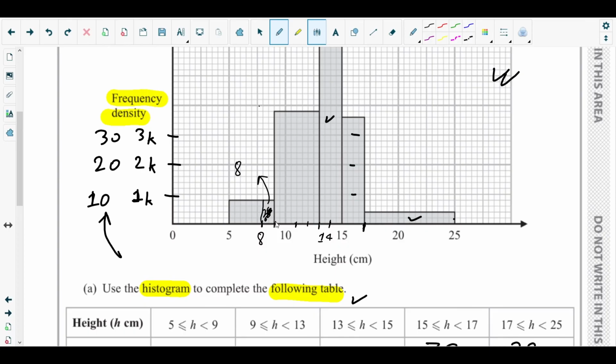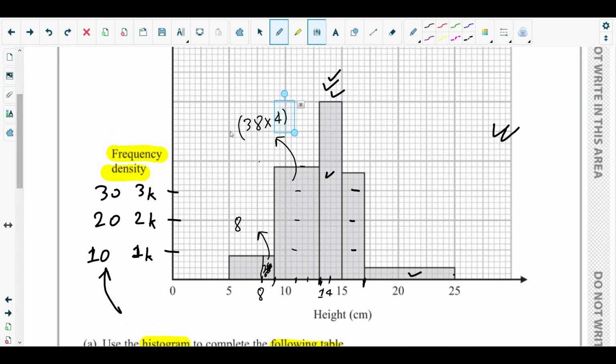Now from 9 to 13, the area is 38 times 4, since it spans 4 units. And at last, from 13 to 14, the area is only 1 unit.